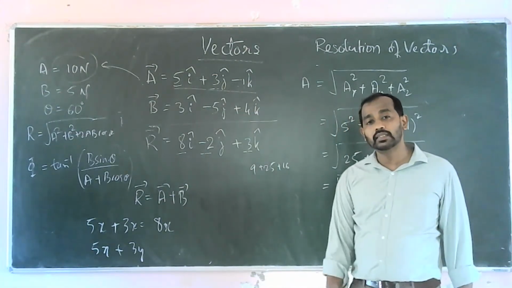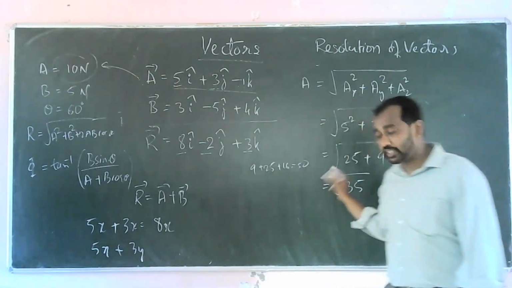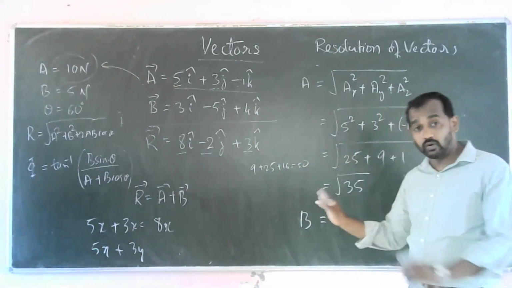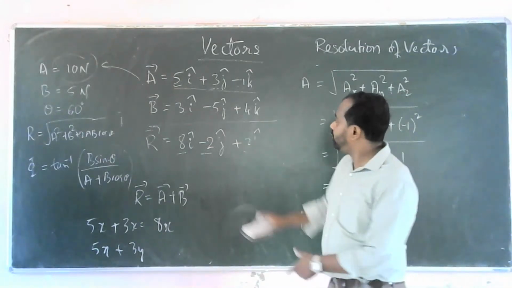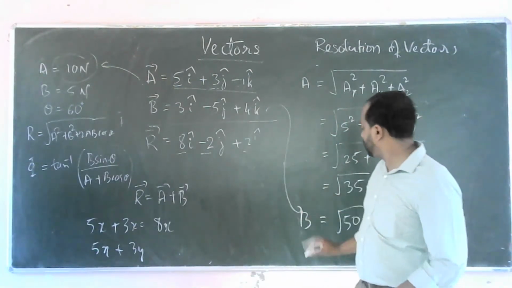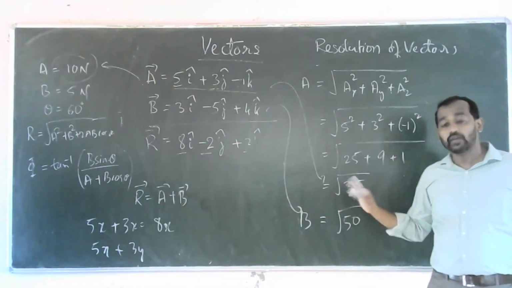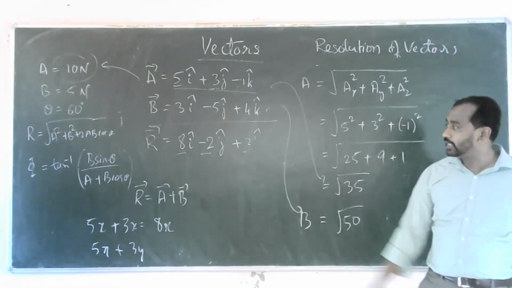When we add all these, we will get how much? 50. Then we have to take the square root of this. So the magnitude of vector B will be square root of 50. Therefore, A has a magnitude of square root of 35, and B has a magnitude of square root of 50.